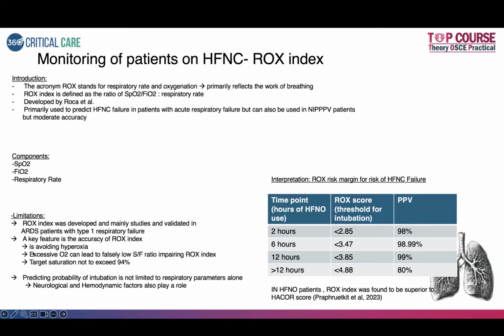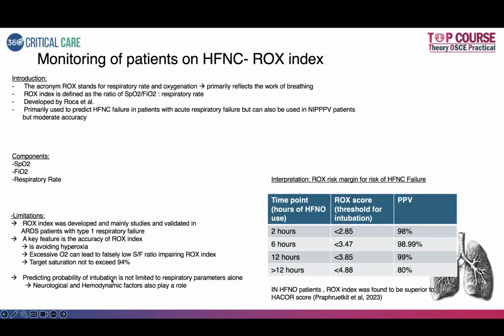The important thing is you need to avoid hyperoxia, because excessive O2 can falsely lead to a low SF ratio, impairing your ROX index. So the important prerequisite is you do not increase your target saturation more than 94%. So you keep it at 94 or below 94 as your cutoff, and you accordingly assess the ROX index. So that is when you are going to get a good valid score.